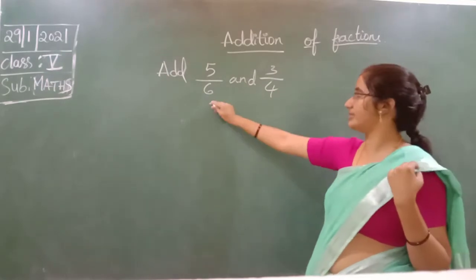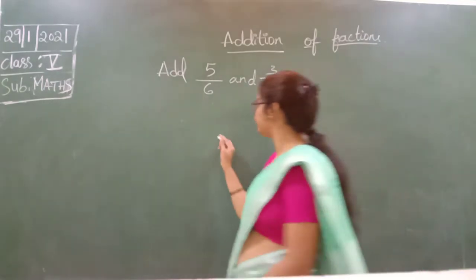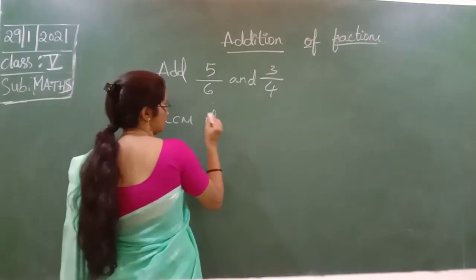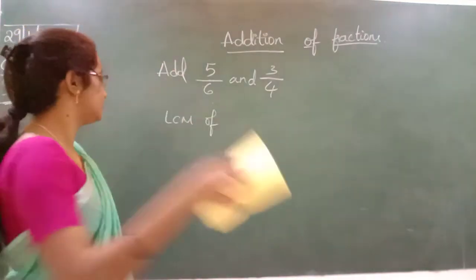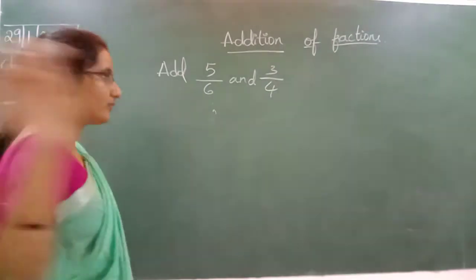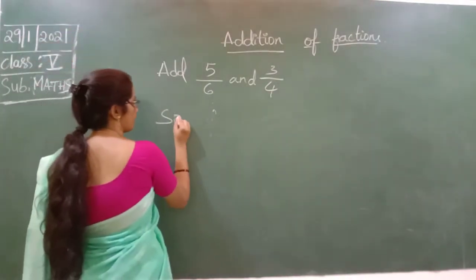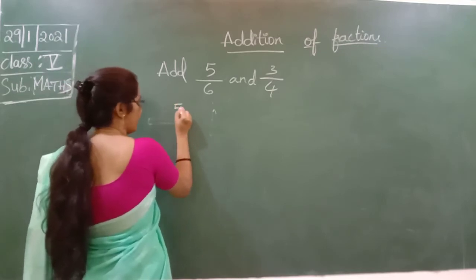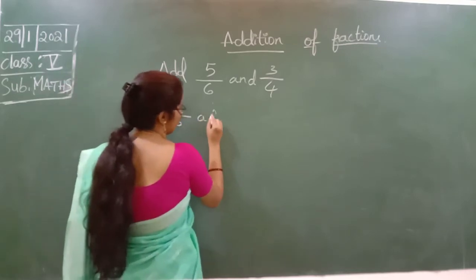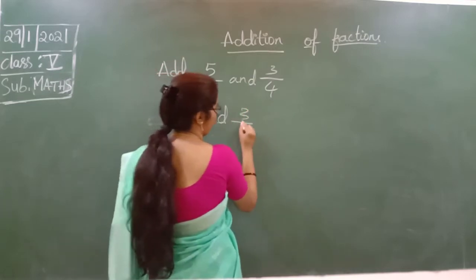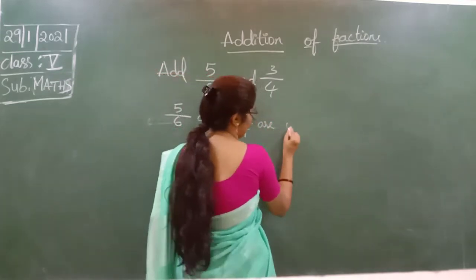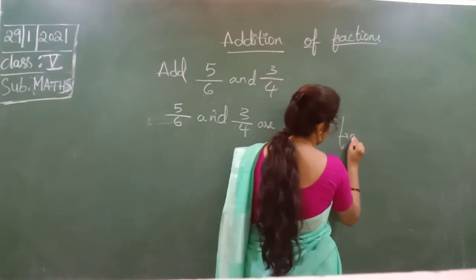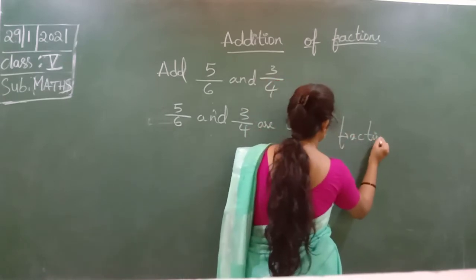Take the LCM of these denominator values. 5 by 6 and 3 by 4 are unlike fractions.